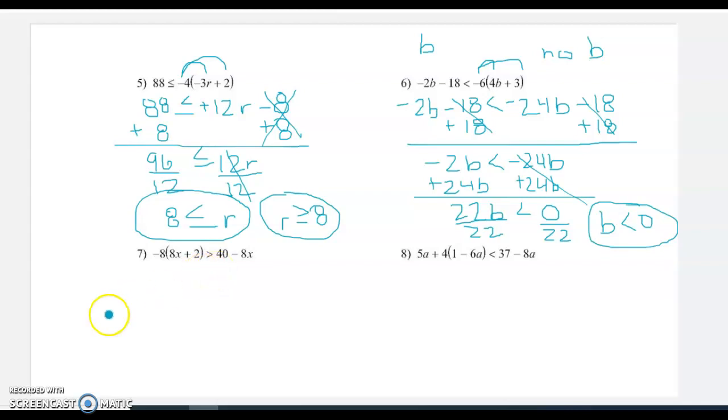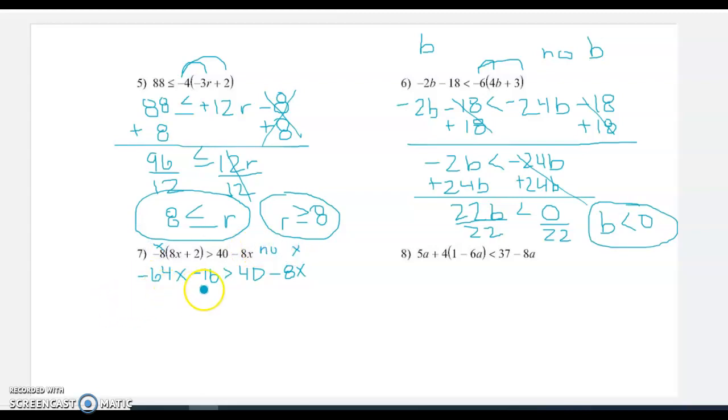All right, 2 more to go. Number 7, I would distribute the negative 8. So negative 8 times 8x is negative 64x. Negative 8 times 2 is negative 16, greater than 40 minus 8x. So again, I notice I have variables on both sides. So I'm going to work to get my x on the left and my no x on the right.